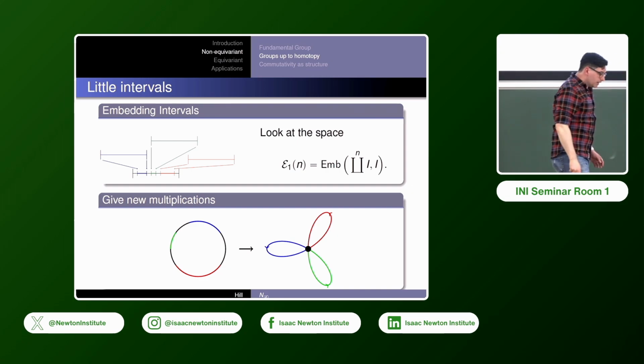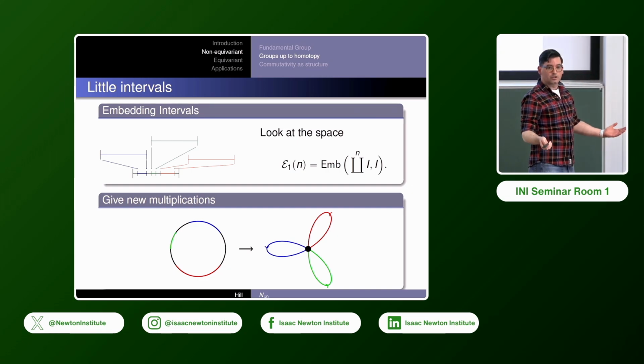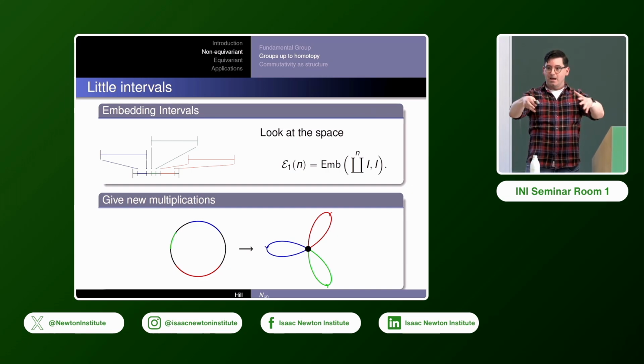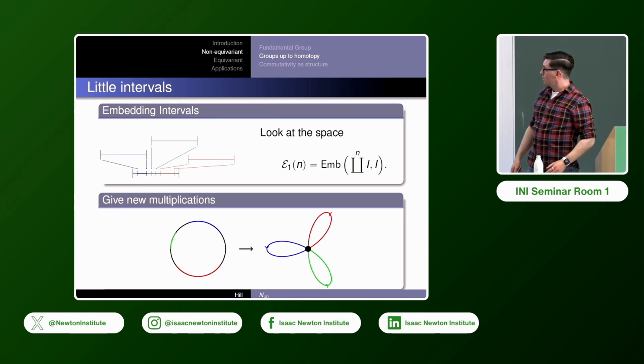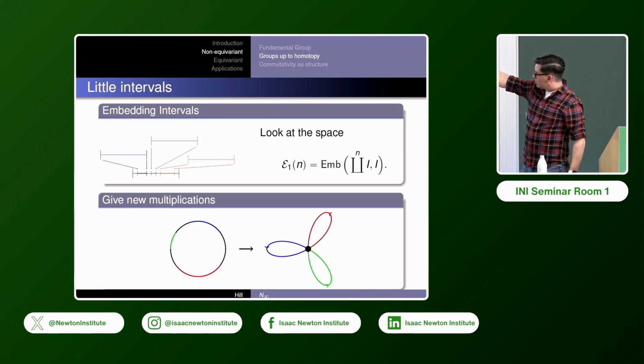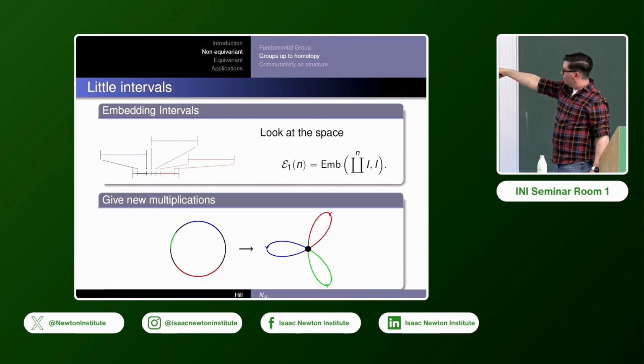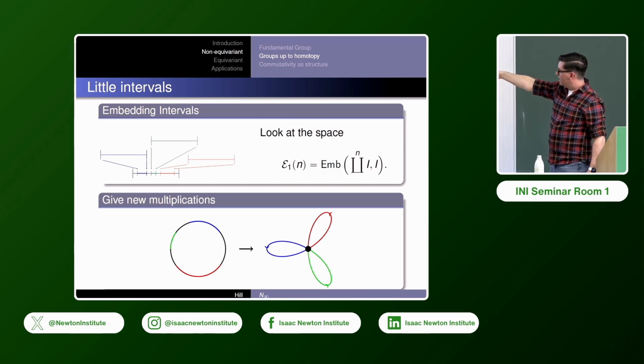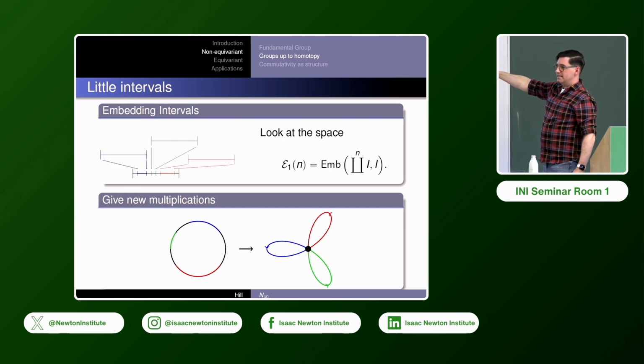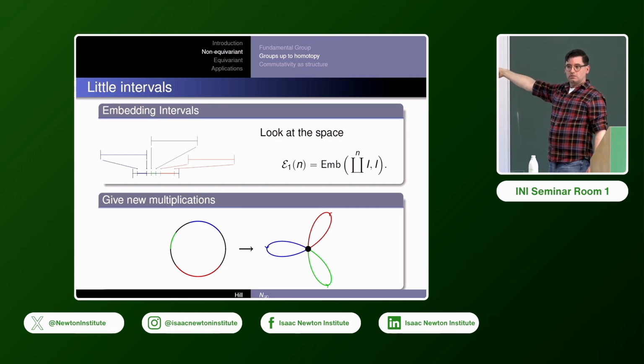And the complementary part to these little embedded arcs all have the ambient black color that I'd colored the entire circle. And I get a map from the circle to a bouquet of circles where I take all of these little black complement points to the same crushed point. Crush it all down to one. And so given any embedding of intervals into the bigger one, I've actually written down for you a map from the circle to a bouquet of circles.